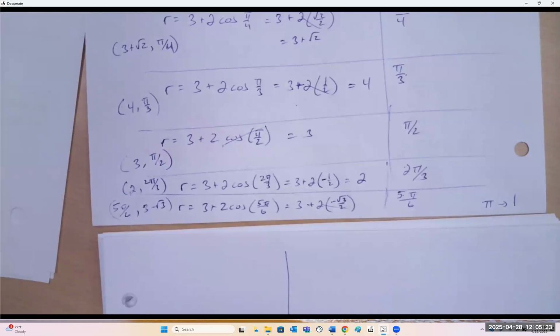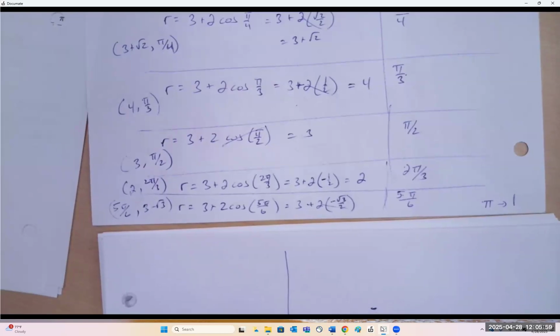At pi over 6, it's 3 plus 1. Pi over 4. Pi over 3. Pi over 3 is 4, so that's up here.